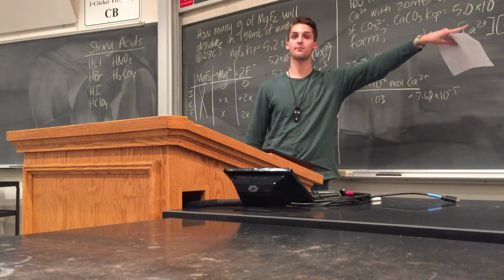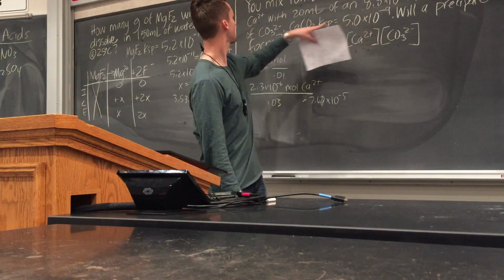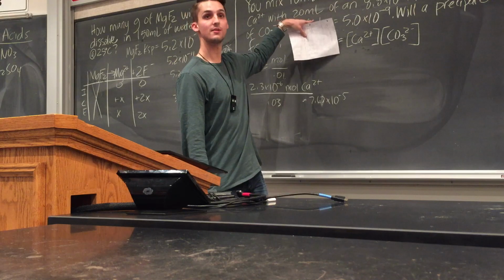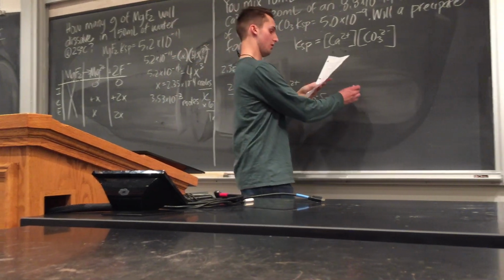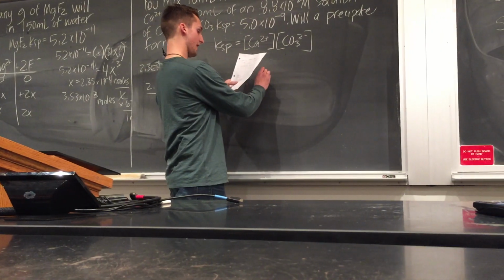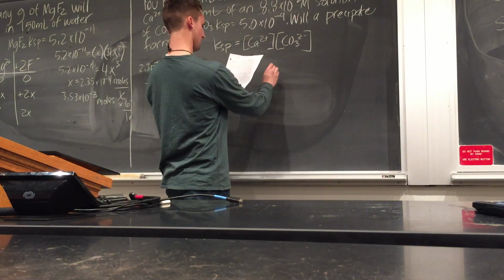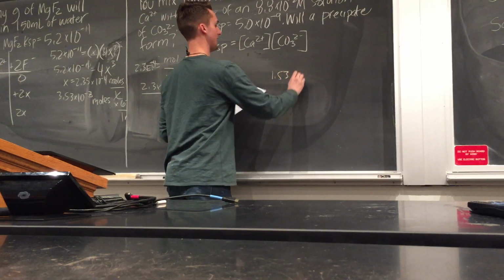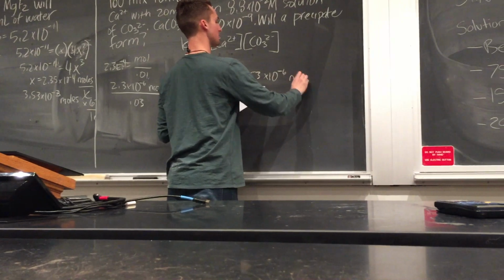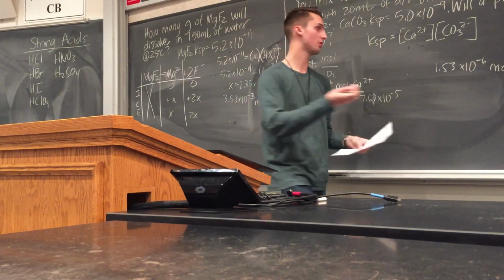We're going to do the same thing for carbonate now. Find out how many moles that is. So the concentration of it times the volume in liters is going to give me the moles. And when you do that, you should get 1.53 times 10 to the negative 6 moles. And again, I need a concentration, so I'm going to divide by the total volume.